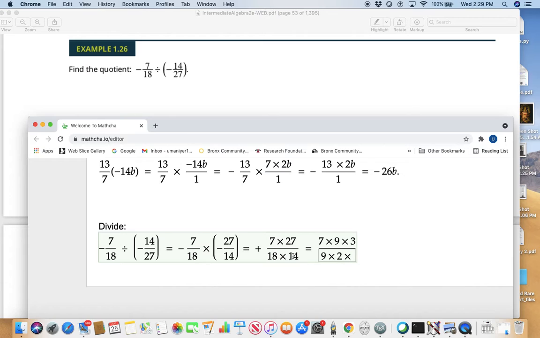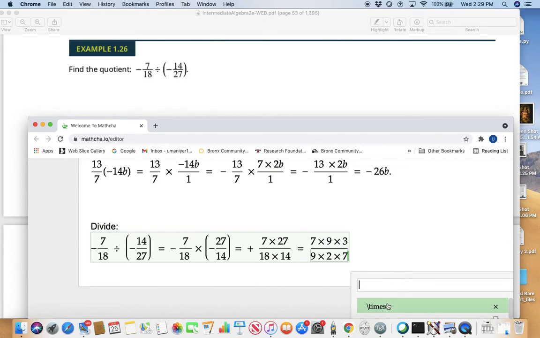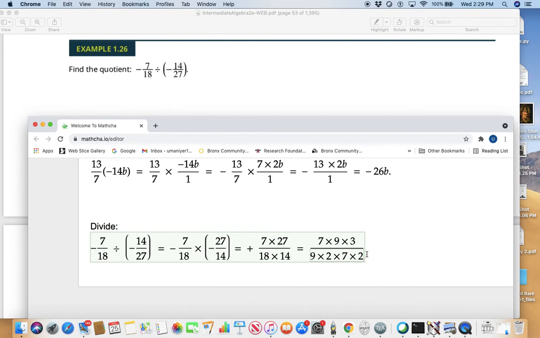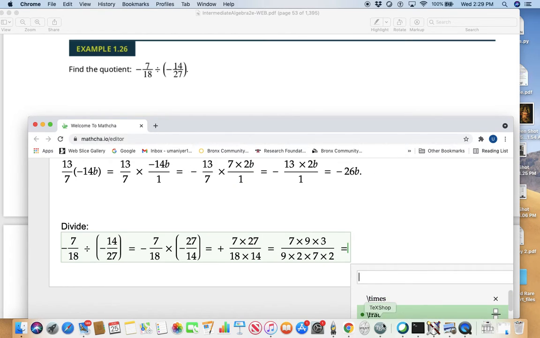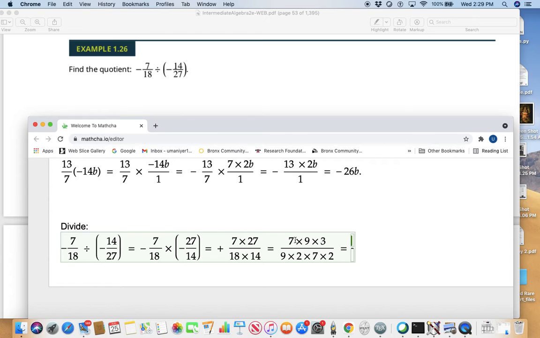Whereas 14 is 7 times 2. So notice why we choose these numbers. Because 7 will reduce here, 9 will reduce here, and that's about it. So this is equal to the fraction. So 7 reduces this 7, 9 reduces this 9, so only 3 remains upstairs, and 2 and 2, 4 remains downstairs.